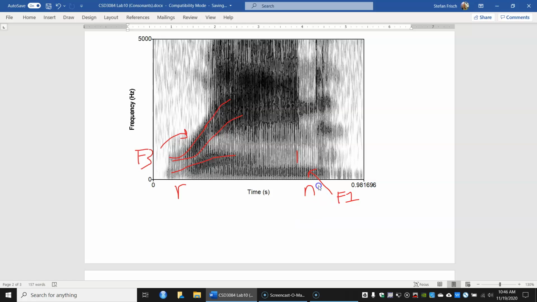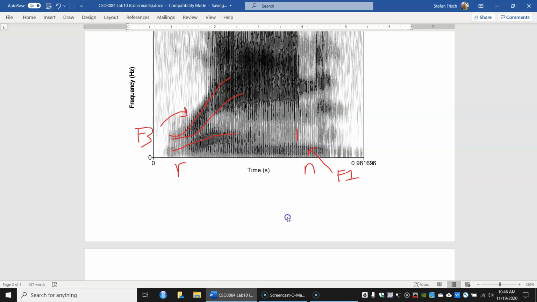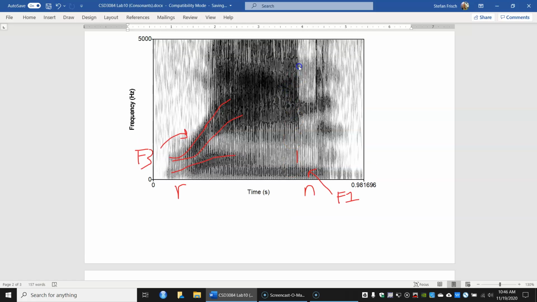The only formant that really looks relatively continuous through this nasal is up here in the region of the F2 for the vowel. Okay. And in general for the nasal, again, low amplitude periodic sound throughout the nasal because of the sound resonating through the nasal cavity.